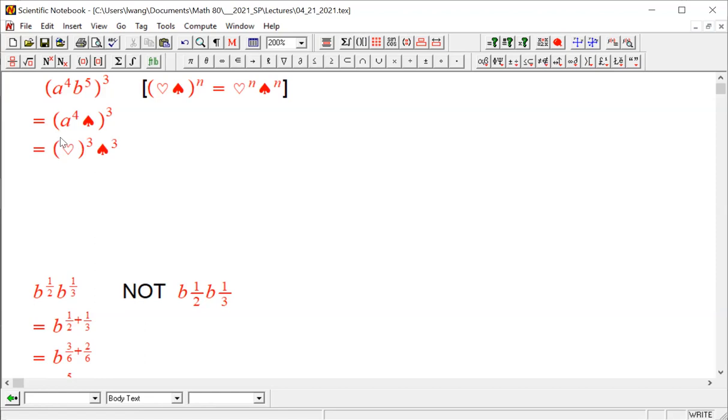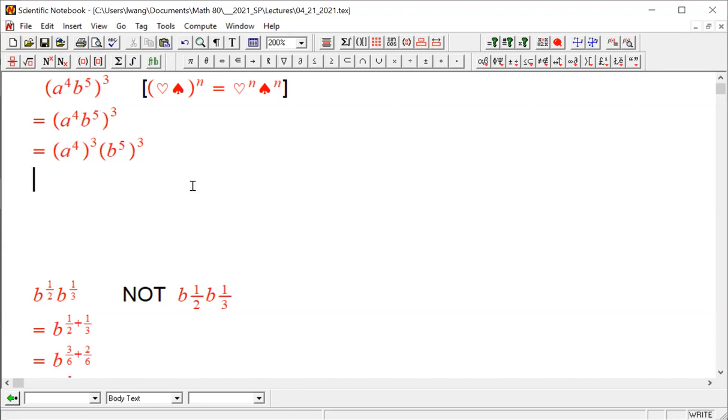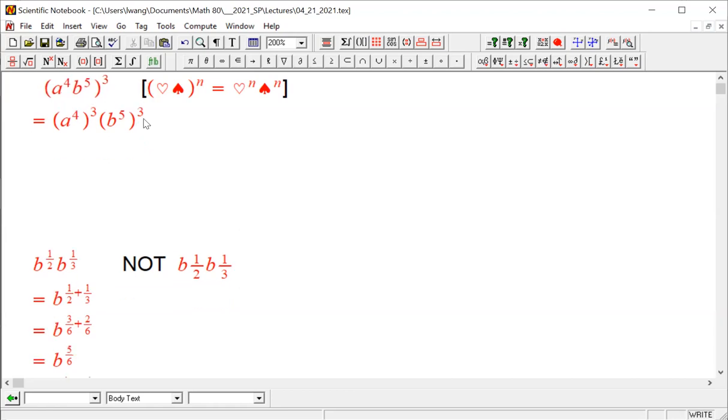You want to put it in parentheses. And the spade is b to the power 5. Boom. Of course, these two steps are repetitive, so we can just remove them. I just showed you how you see it.